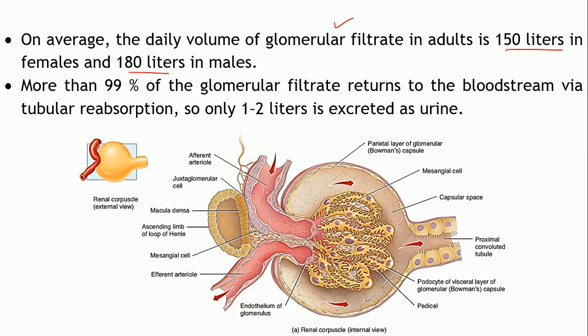In females 150 liters of filtrate is formed by the filtration process over 24 hours, whereas it is 180 liters in males. Can you imagine the amount of filtrate which is generated by your kidneys?